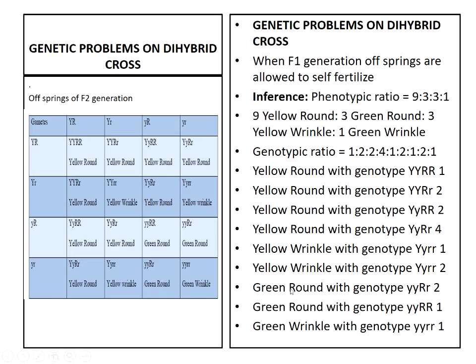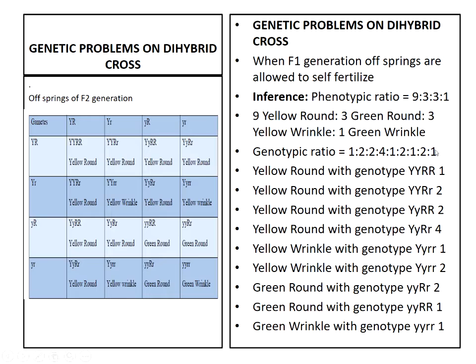Next, green round with genotype small y, capital R, small r. So here it is green round, small y, capital R, capital R. Sorry, capital R and small r. The number is 2.